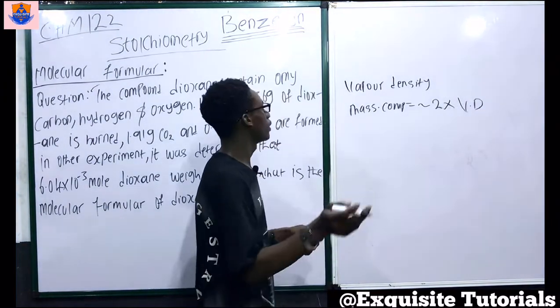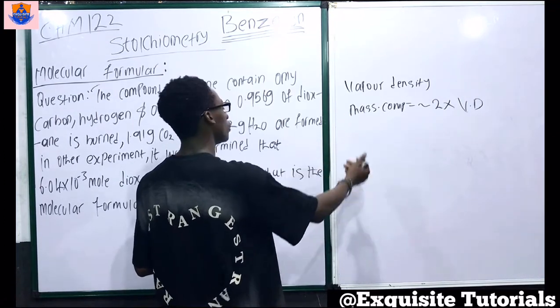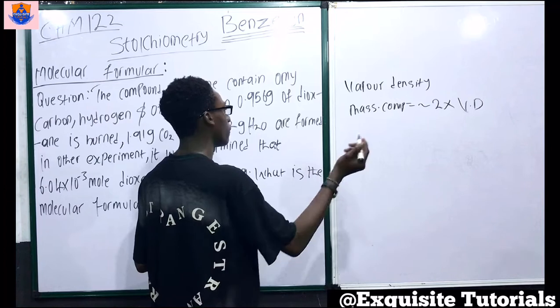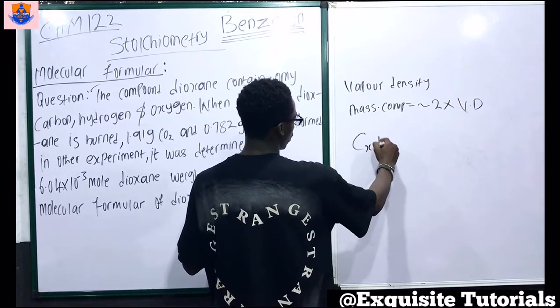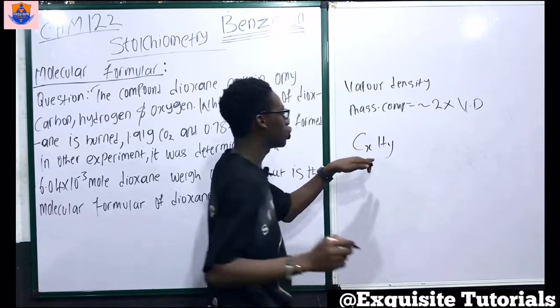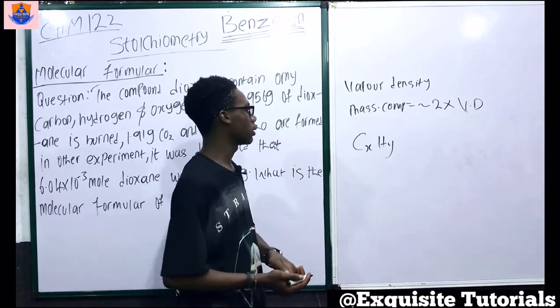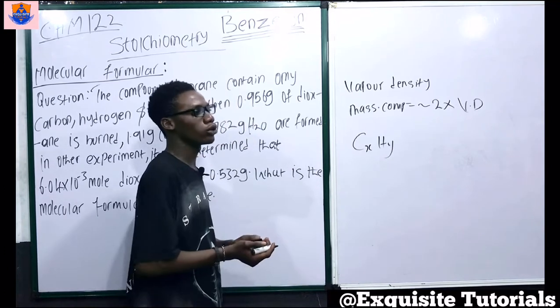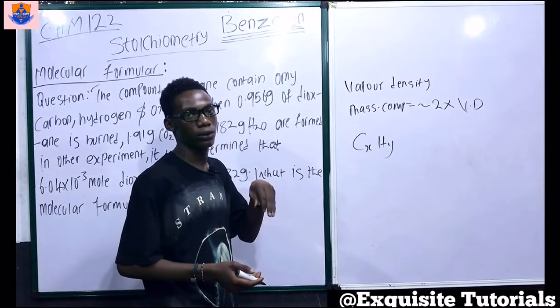All right, now we'll talk about the relationship between empirical formula and molecular formula. Now let's say we have a compound CxHy. Let's assume this is an empirical formula. Now in molecular formula, they give us the weight of the compound for us to find the actual compound.